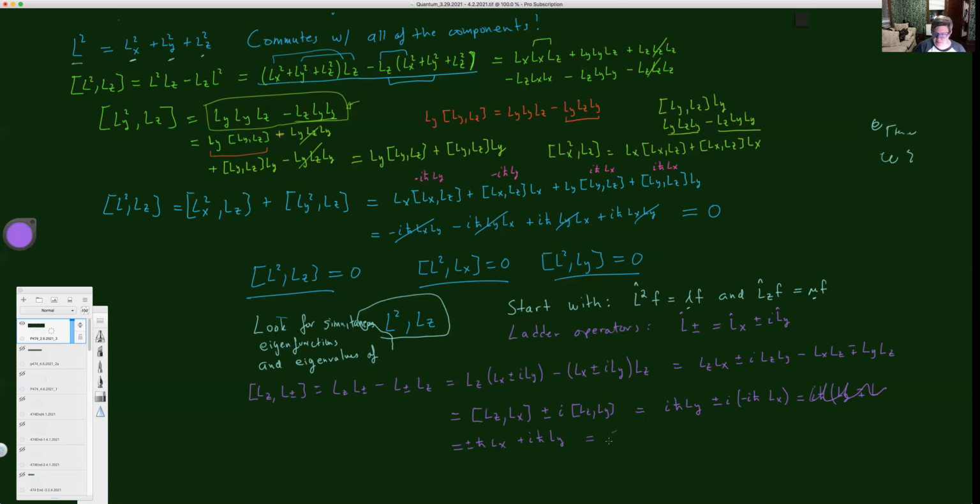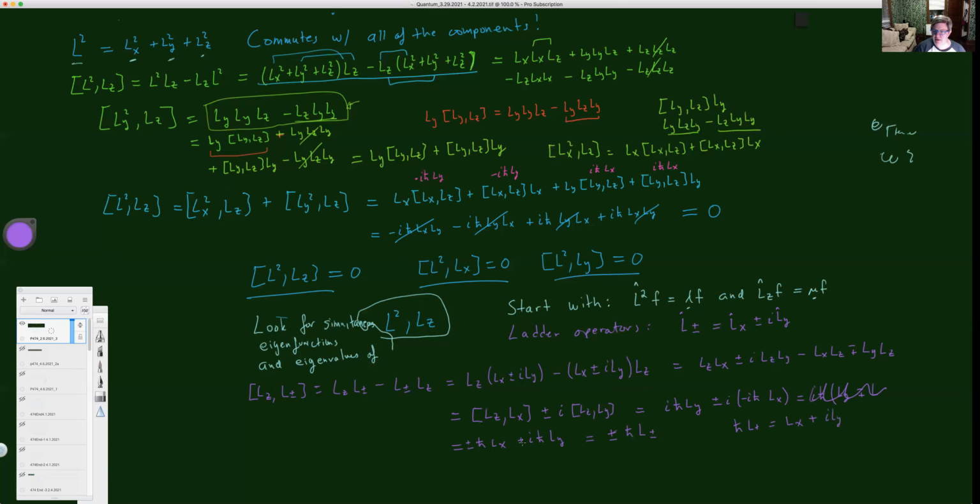All right, so what I have in my notes, we'll have to see if this is right. Plus minus ħ L plus minus. So let's say it was LZ L plus, right? That would be, so we get the top sign. So we'd get ħ L plus, right? Which is Lx plus iLy.